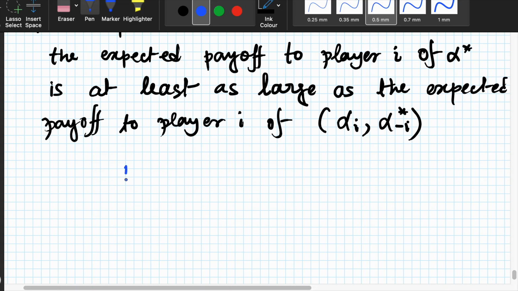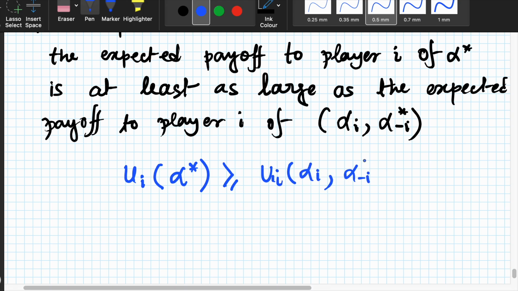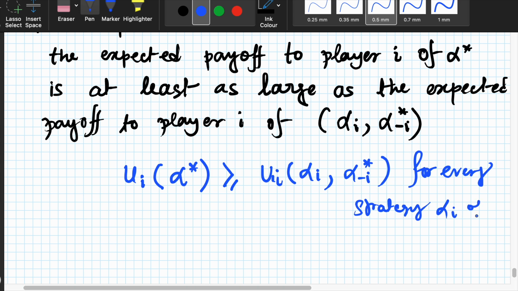So the expected utility of alpha star has to be greater than or equal to u_i of any other strategy alpha i, where alpha minus i means the strategies of the rest, for every strategy alpha i of player i.